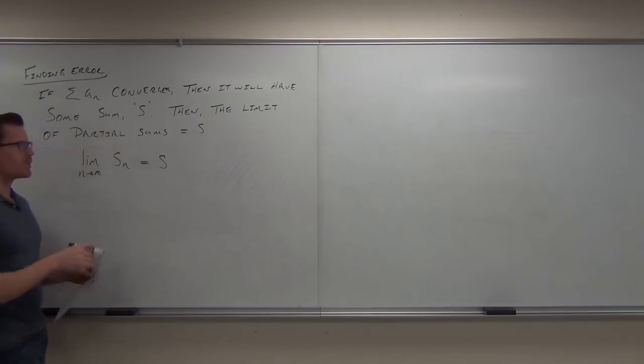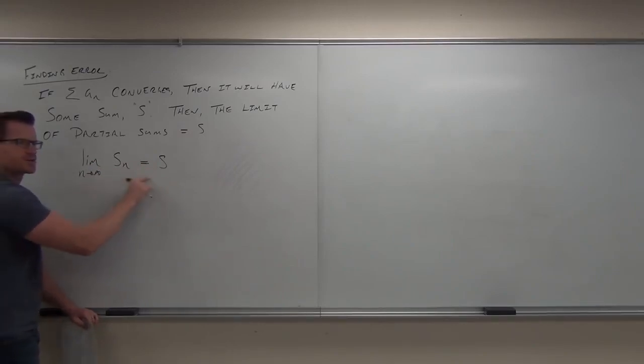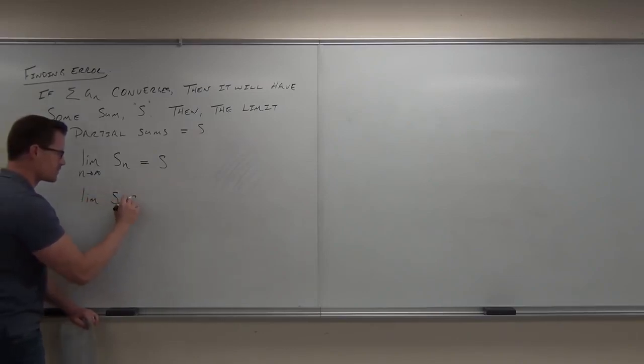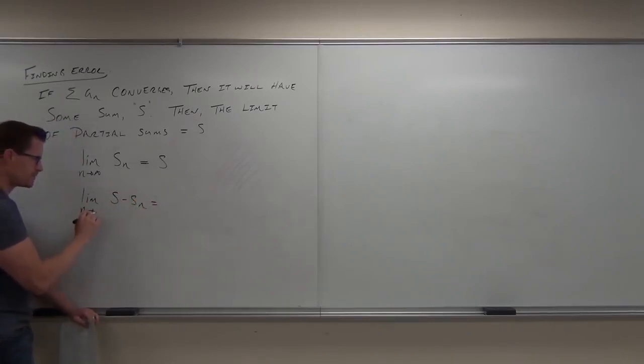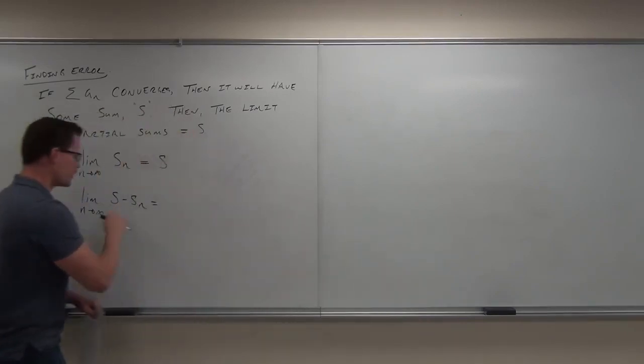Old stuff. Well, if this is true, if the limit of partial sums as n approaches infinity equals S, then the difference between these things will equal what as n approaches infinity? If these things are equal as n approaches infinity, what's the difference between them?